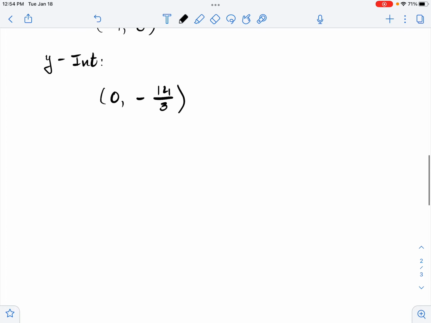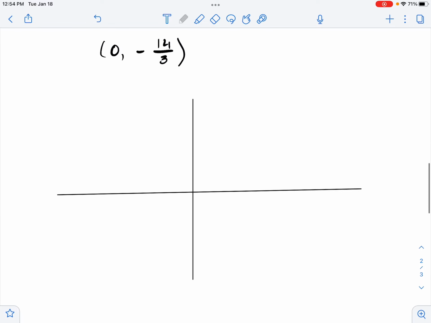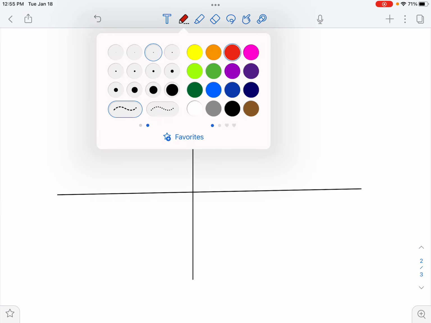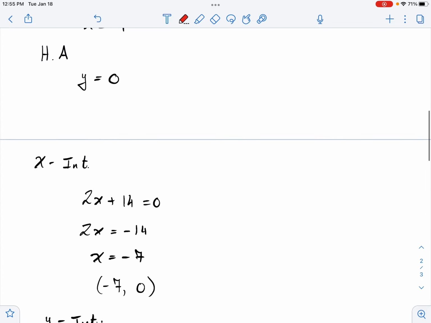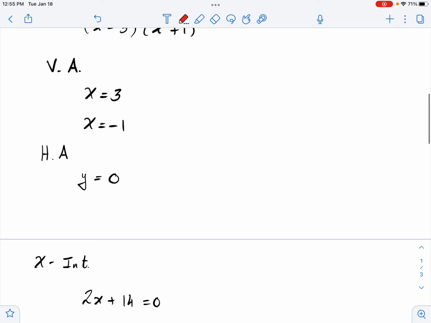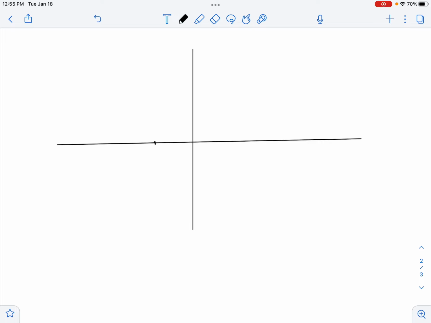And now I can go about sketching a graph of this function. A sketch is good enough just so I can get a sense of what it might look like. My vertical asymptotes are 3 and negative 1. So let's say this here is negative 1, and let's say here is 3.